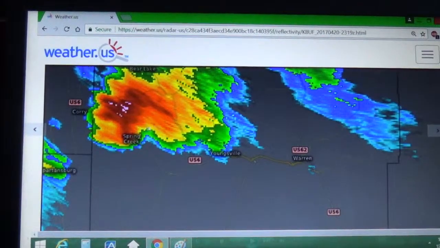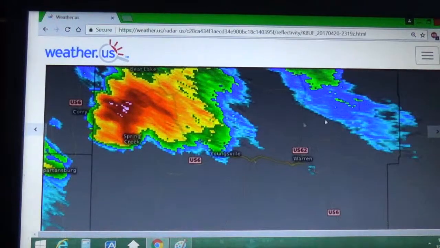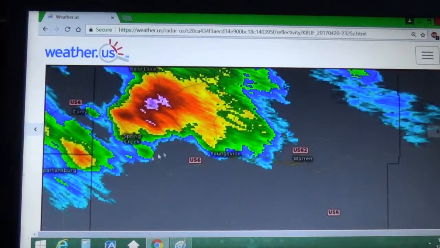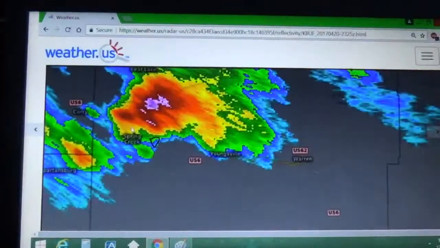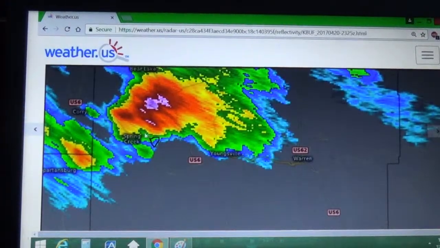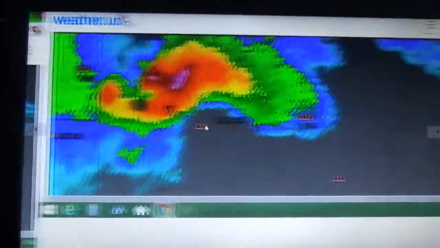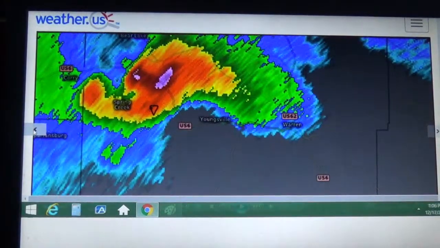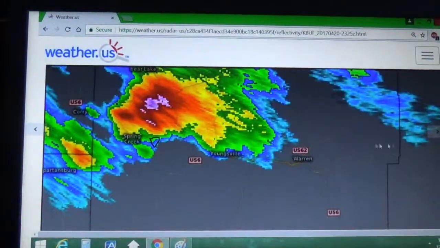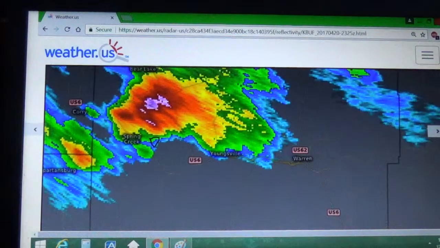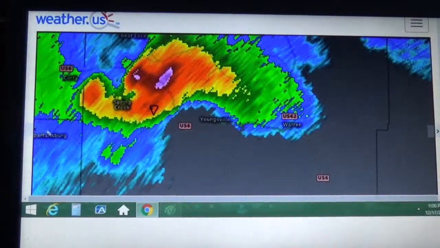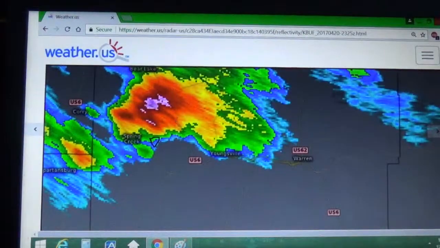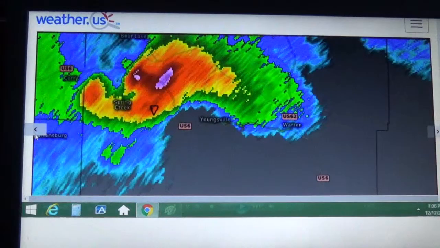So there's like a hook there. And this is out of Buffalo, and this is out of State College, so the Buffalo radar is a little bit closer, maybe more accurate, I don't know.